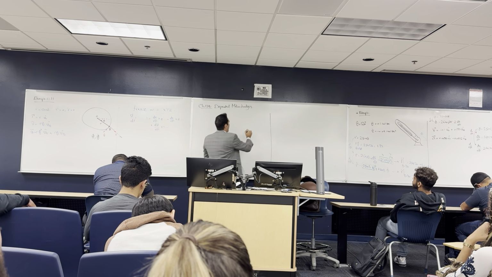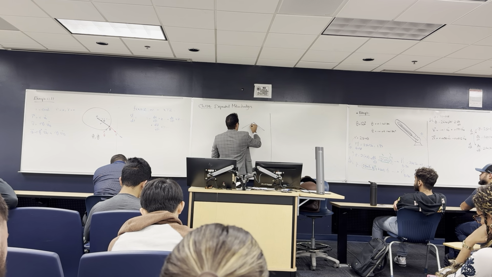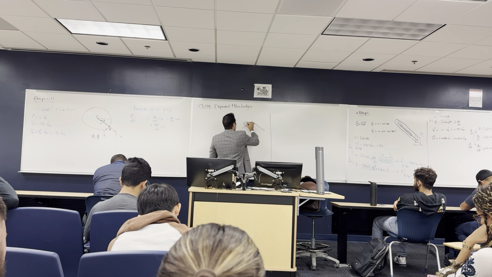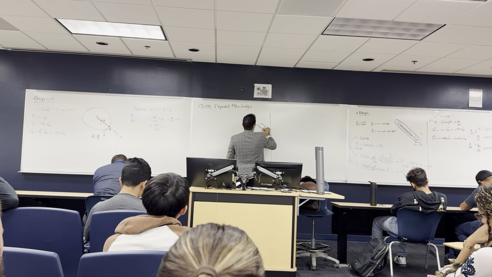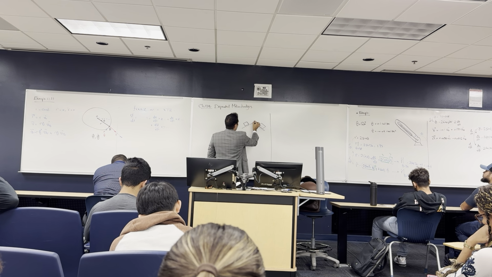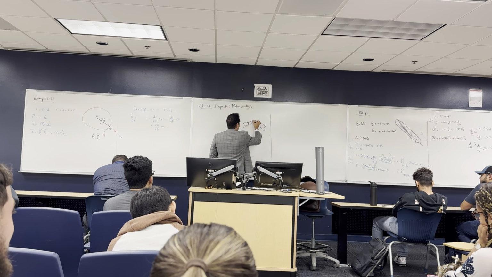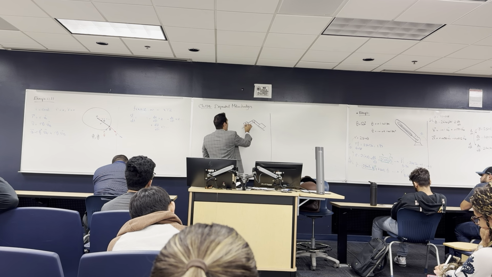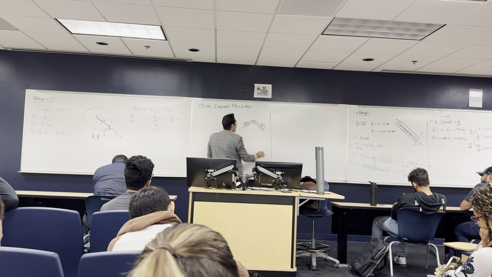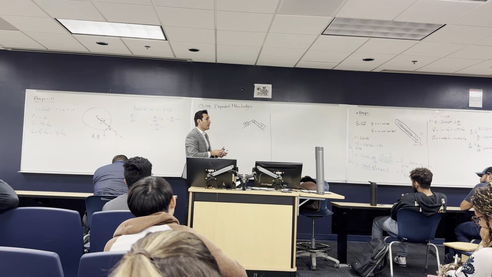Like for example, you can have a surface like this, and you have a block here, and a block here is moving on this surface, and somehow there's a pulley rested here, and there's a wire or a cord that connects these two together. So this is mass A and this is mass B. So what happens is, we call this a dependent system.